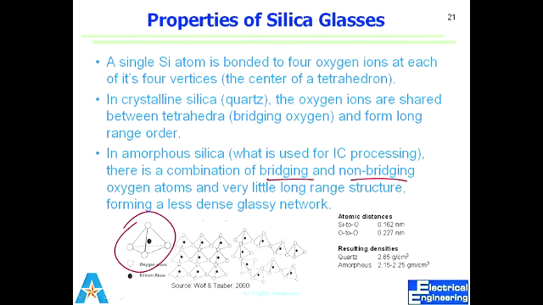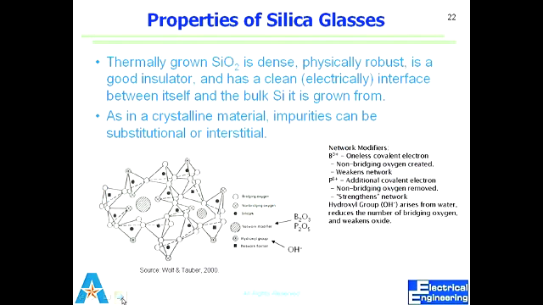And that gives long range or little long range structure. So, what we grow thermally is dense, robust, and a very good insulator, and gives a clean interface with the bulk silicon. And we can have impurities embedded into silicon dioxide, which we call network modifiers, or we can have free hanging hydroxyl groups.